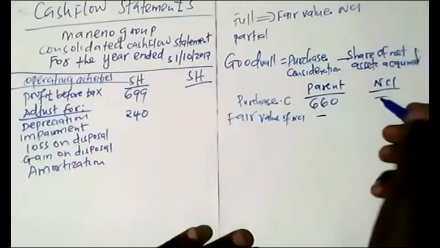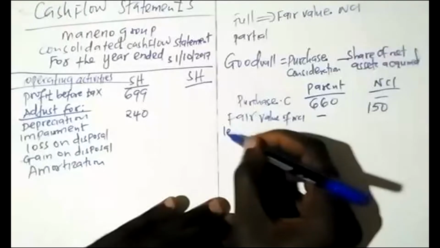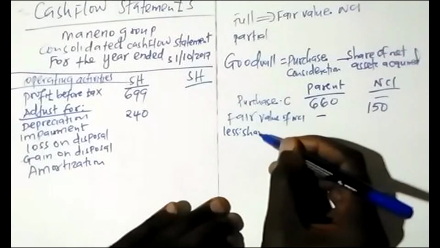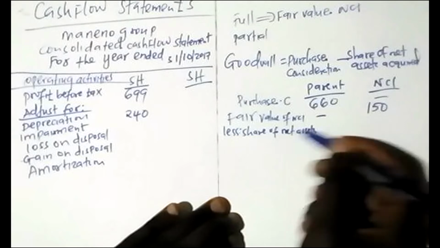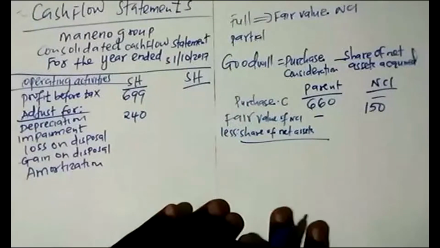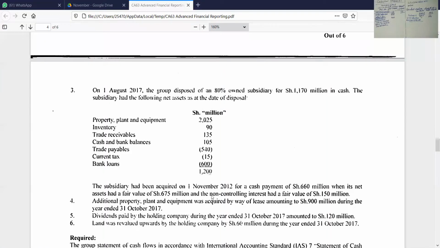So that is 150. Then we subtract the share of net assets. The share of net assets in this scenario, as at the time of acquisition, they gave us the net assets in Note 3.